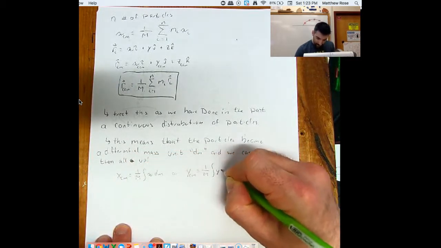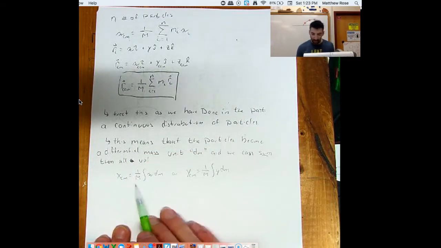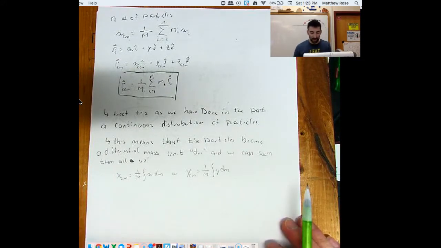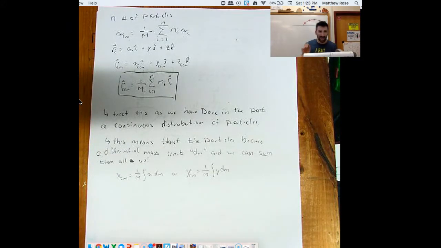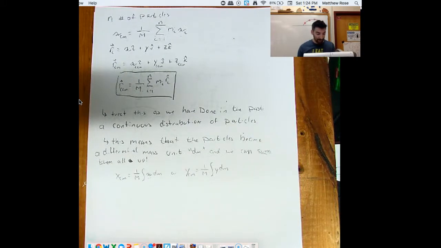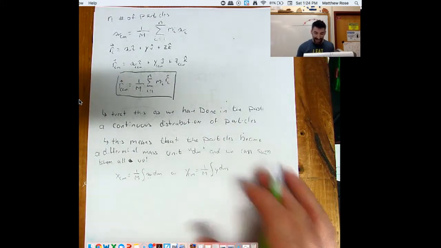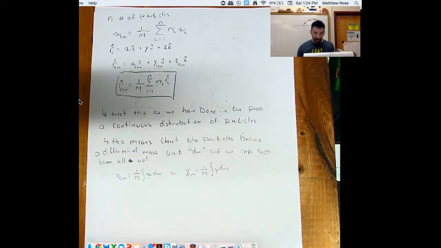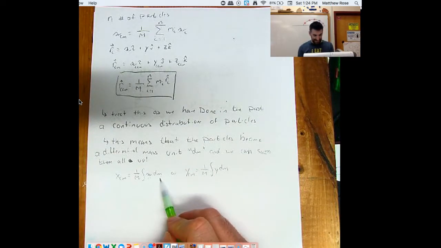So in general, here's my nice general form in the x direction and the y direction, where I'm summing them all up, but we should know, looking at this, wait a second, I've got an x and I've got a dm, and those two things don't match. So we're going to have to mess around with it. That becomes a little bit of a problem. So essentially, we're going to take this and start to play with it, and the way we're going to play with it, we're going to think uniform mass.